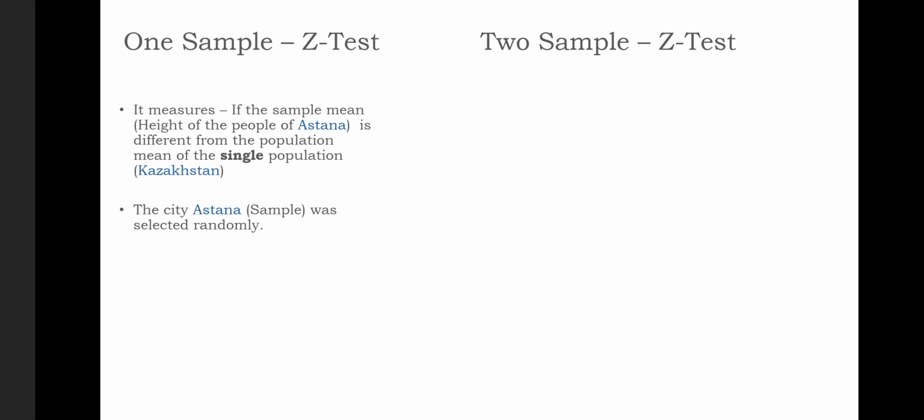What we wanted to find out is whether the sample mean is different from the population mean or not. If it's different, the alternative hypothesis will win. If it's the same, the alternative hypothesis will not win and you have to accept the null hypothesis.